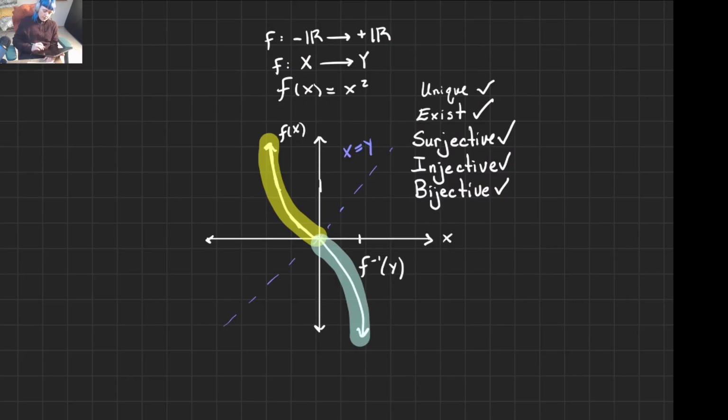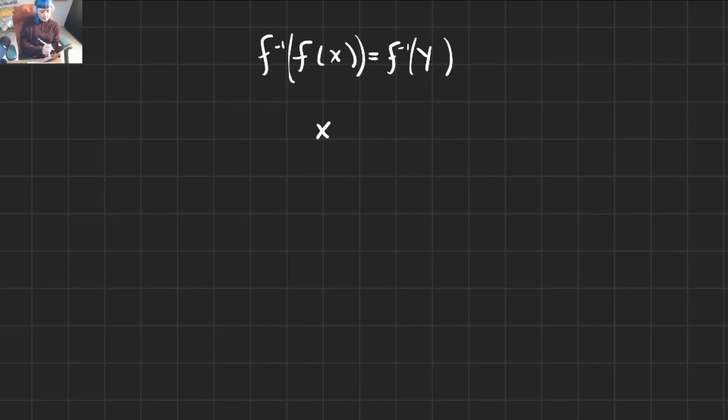So the way that you would do that is we would just go back to what the definition of a bijective function is, which is just that if you take the inverse of the function, then you get back to the domain, and that is your inverse function.